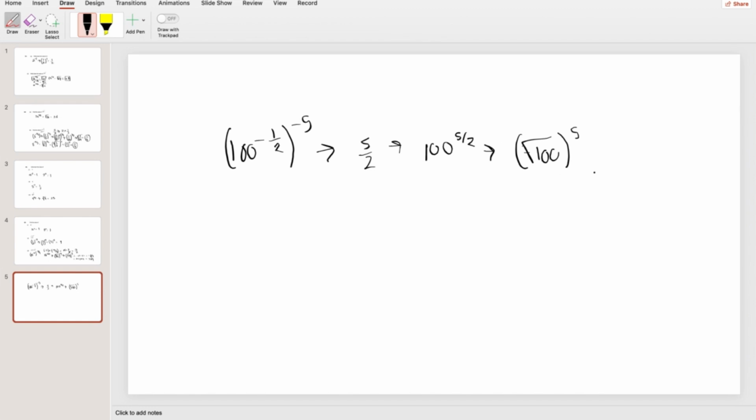Square root of 100 is plus or minus 10. And then you do plus or minus 10 to the power of 5. So that will give you two answers. 100,000, and then the other one, minus 100,000.